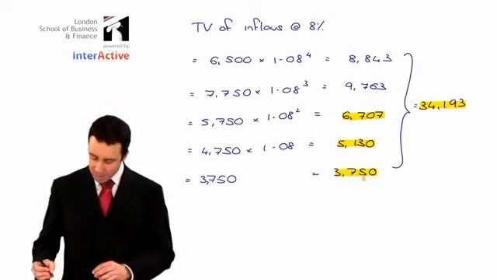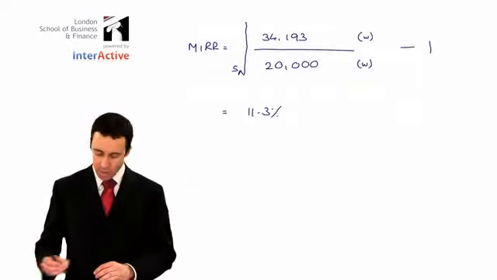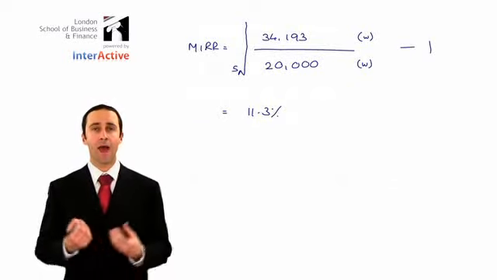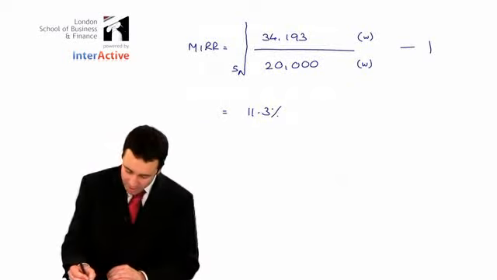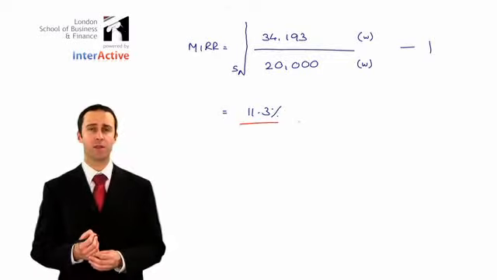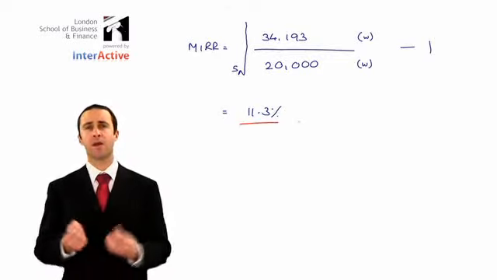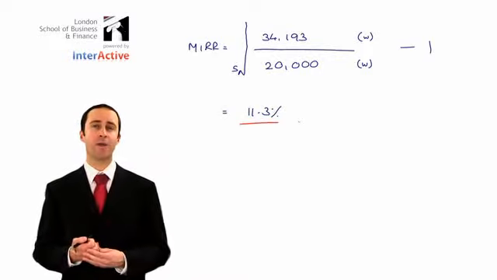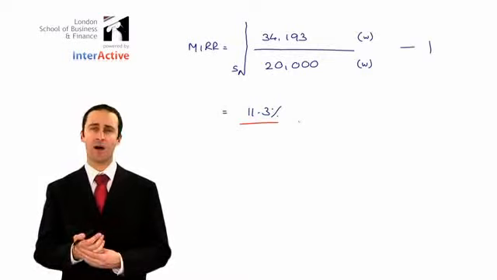Based upon the terminal value of your inflows at 34,193, substituting that into your formula and working out your modified internal rate of return gives you 11.3%. In terms of your decision rule, it's exactly the same as what we had with your IRR.